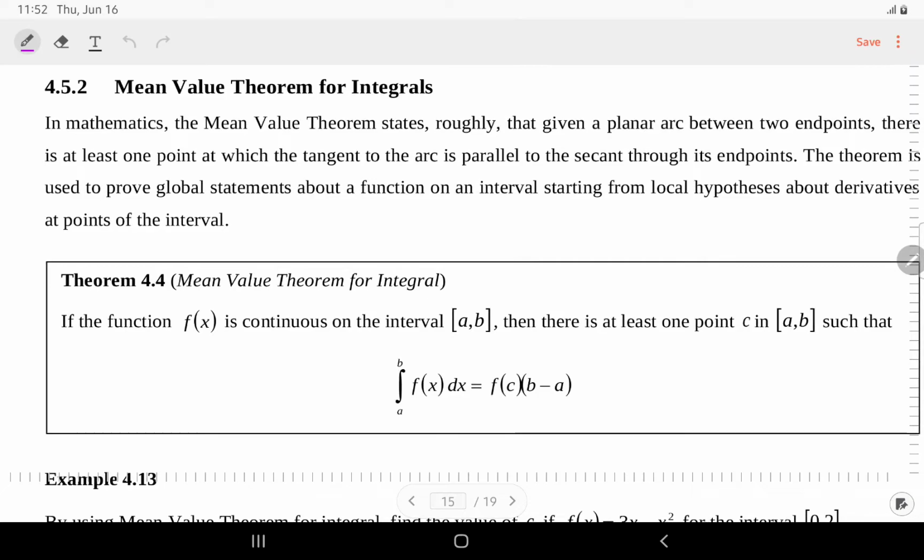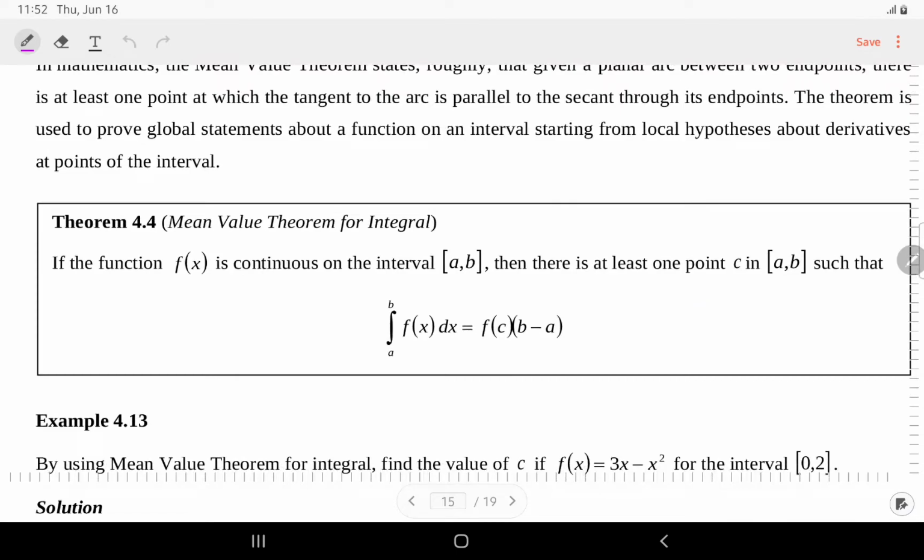If you all noticed, the mean value theorem also exists in the topic of differentiation, in chapter 3. That was the mean value theorem for differentiation. So this time we are going to study the mean value theorem for integration. So this is the theorem.